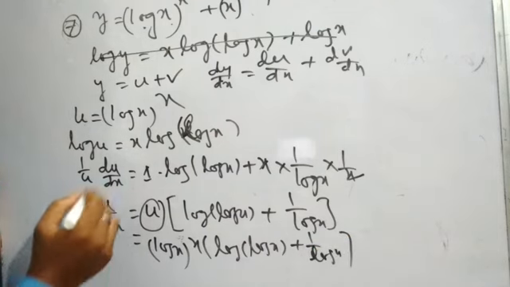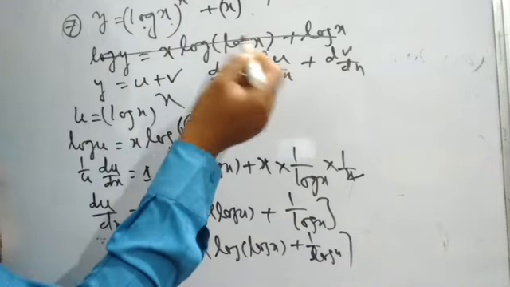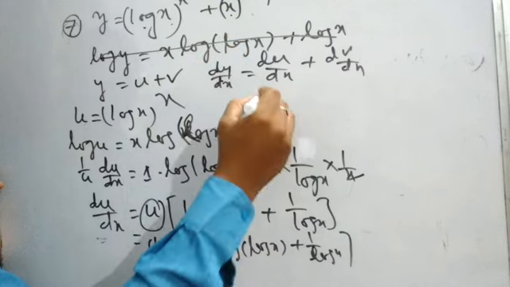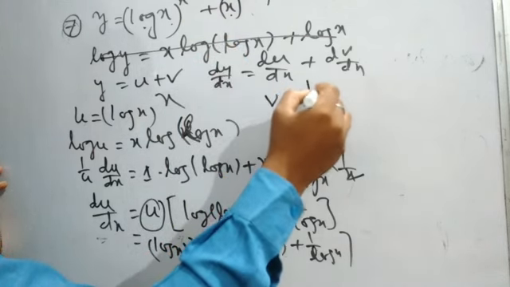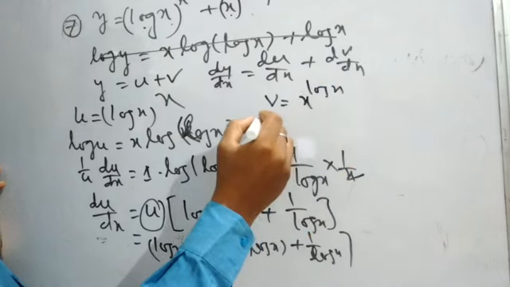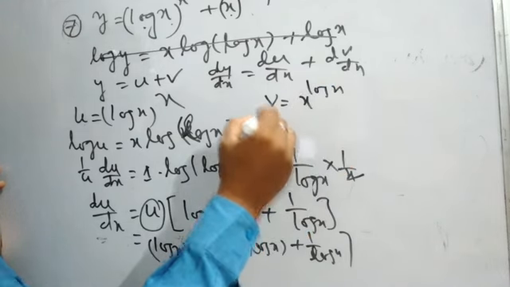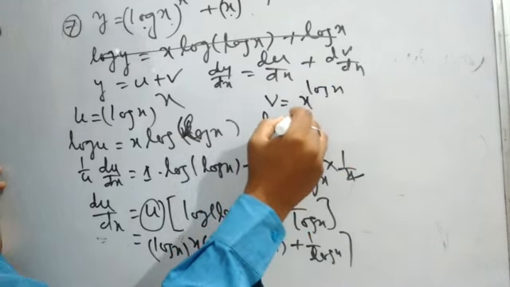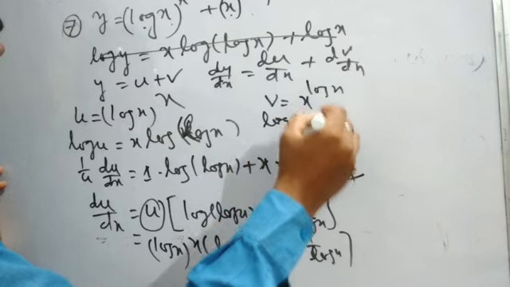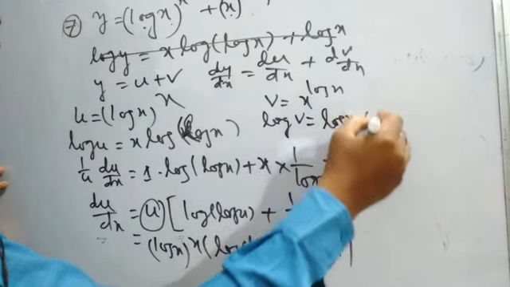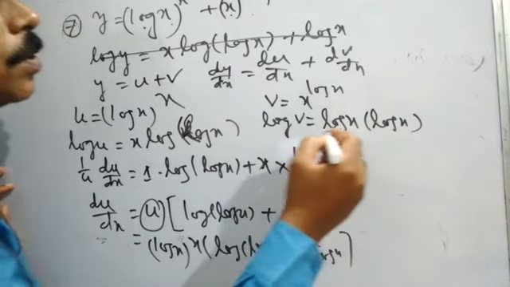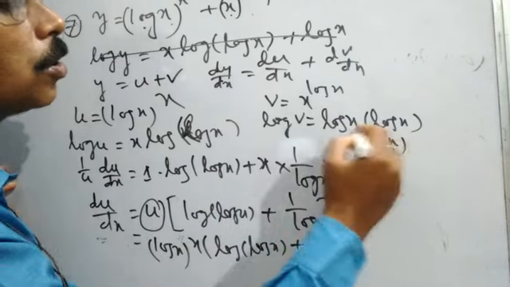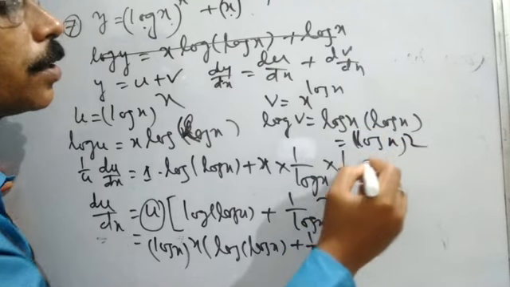Similarly, you have to find the value of dv by dx. v is equal to x to the power log x. Similarly, taking logarithm, log v is equal to log x into log x, that is (log x) whole square, we can write here.